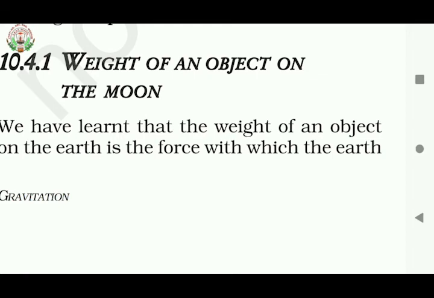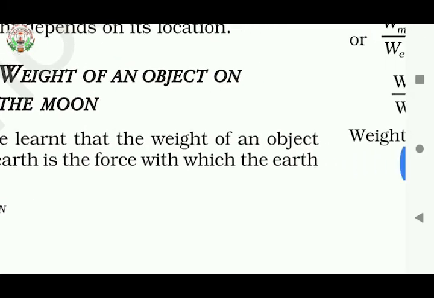The weight of an object on the moon is less than that on the earth because the mass and radius of moon are less than that of earth, due to which it exerts a lesser force of gravity.